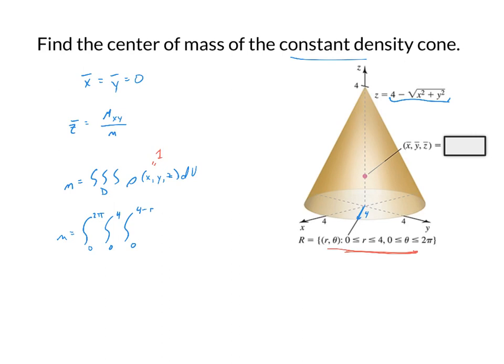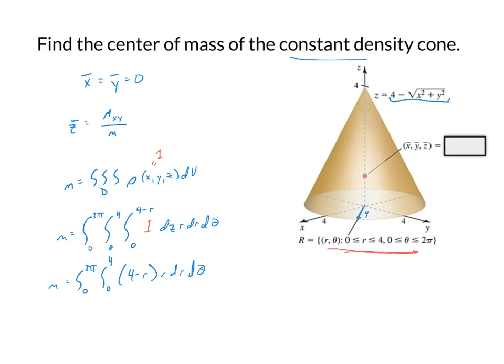And then our differentials, dz, r dr, d theta. If you like to write the 1 in there, I sometimes will, as the function. Now we take our first antiderivative with respect to z, top bound minus bottom bound, and you get 4 minus r, r dr d theta.